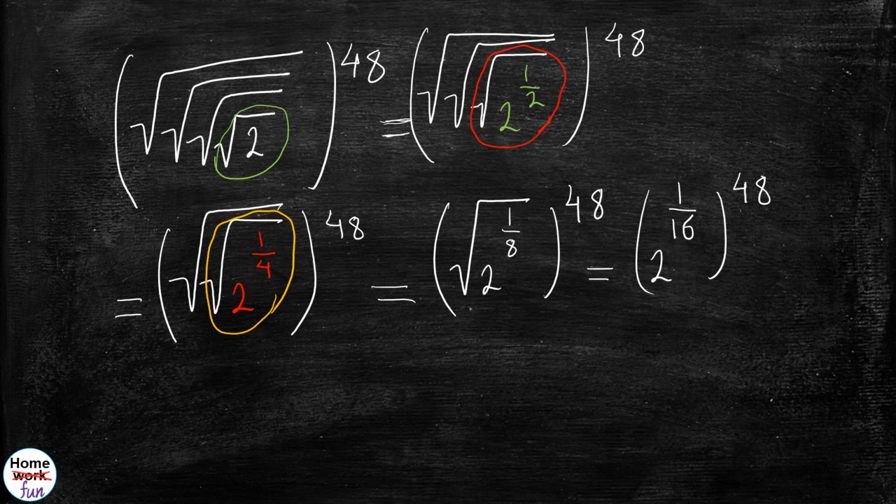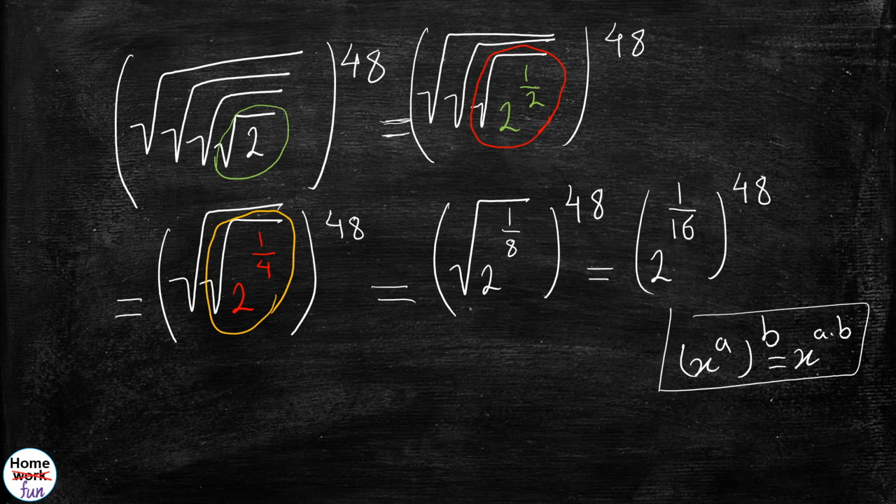Now I apply that rule that says x to the power of a to the power of b outside of parentheses is like saying x to the power of a times b. So using that rule here, we just need to multiply the exponent outside of the parentheses, 48, by 1 over 16. So it becomes overall 2 to the power of 48 over 16.